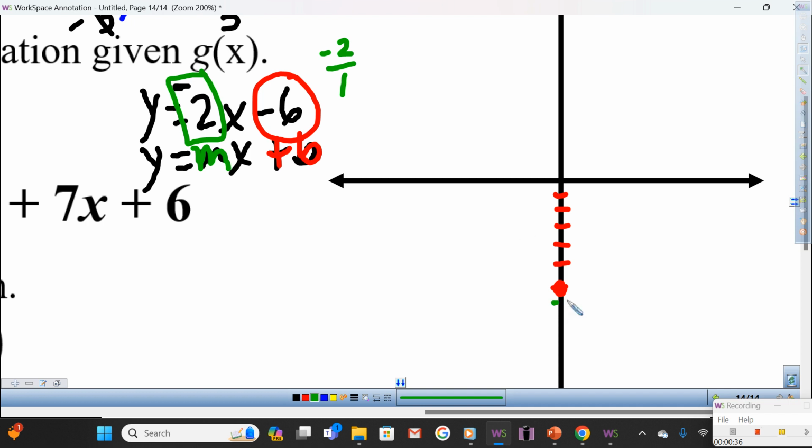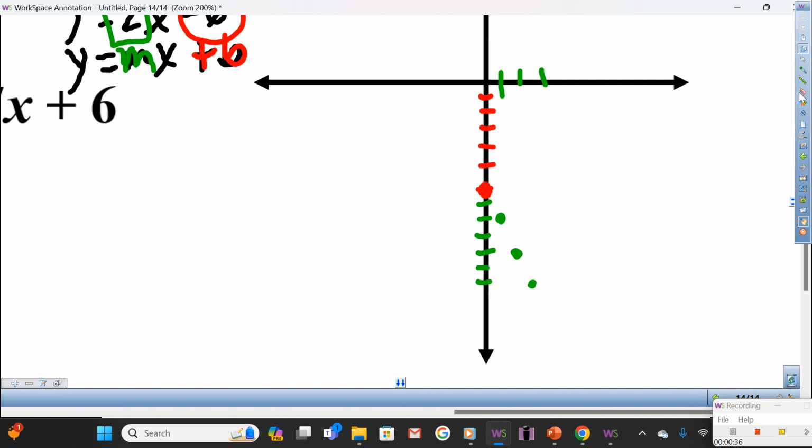So I go 1, 2, 1 to the right, plot your point, do it again. 1, 2, 1 to the right, plot your point, do it again. 1, 2, 1 to the right, plot your point, graph your line. Looks something like this. Good review, yes? Yes, Mr. Q. All right, good. Let me zoom out.